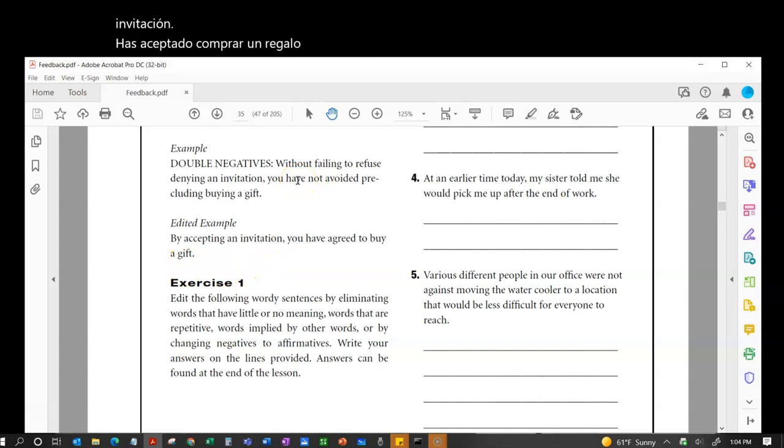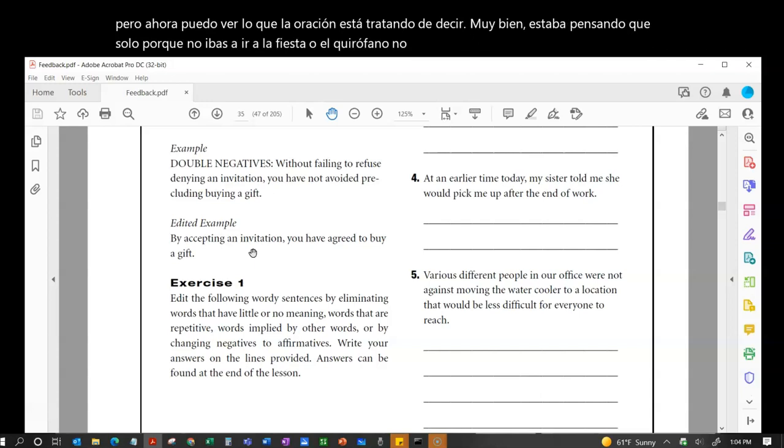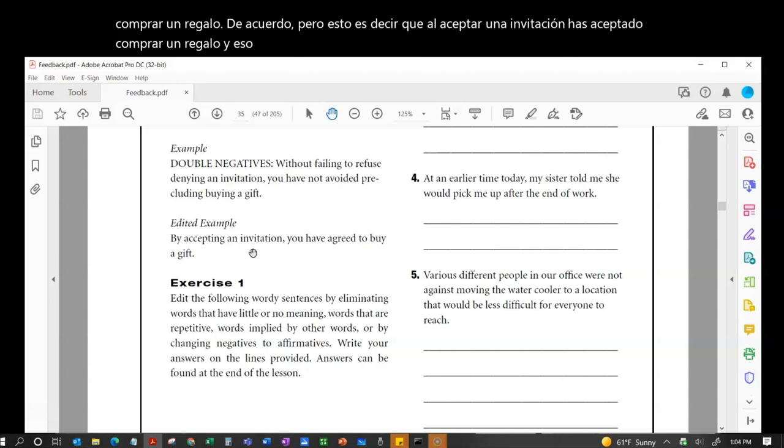So I was saying kind of the opposite, but I can see now what the sentence is trying to say, all right? I was thinking that just because you weren't going to go to the party or weren't accepting the invitation, you still had to buy a gift, okay? But this is saying by accepting an invitation, you have agreed to buy a gift. And that is true. When you accept someone's invitation, you always take a gift, okay?